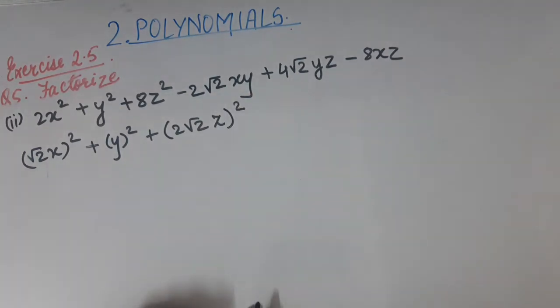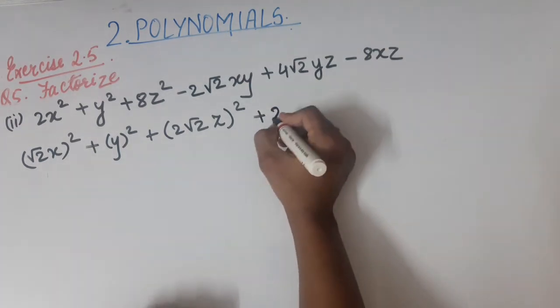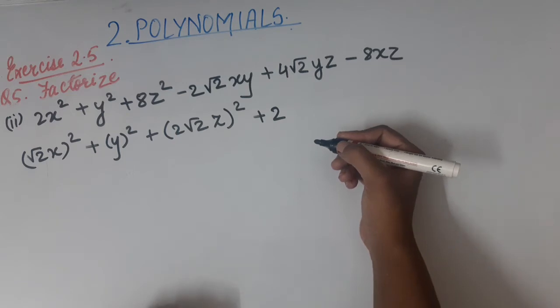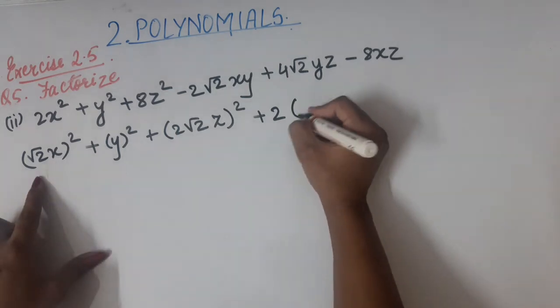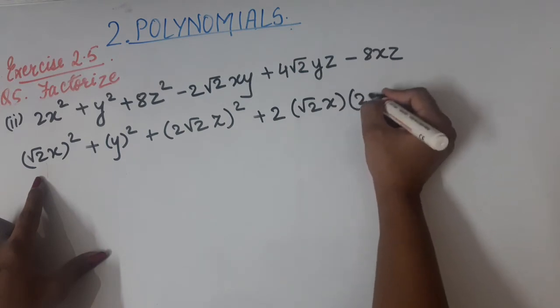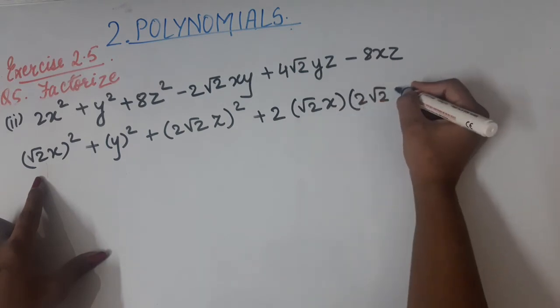See here, minus 2 root 2 xy, it is plus 2 into x in 2 into a into b. A is what? Root 2x, and b is what? 2 root 2 z.